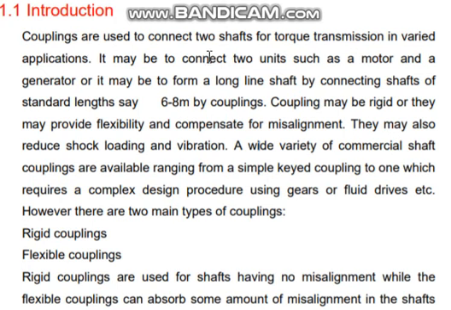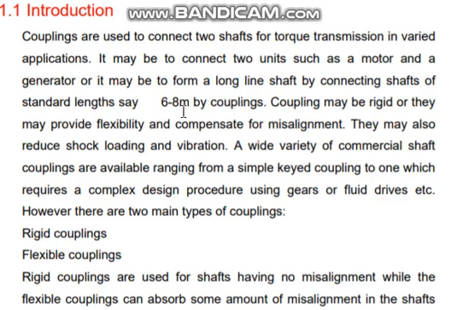It may be to connect two units such as a motor and a generator, or it may be to form a long line shaft. Line shaft means in one line there may be a number of shafts, so they are connected with the help of couplings and made one long shaft.